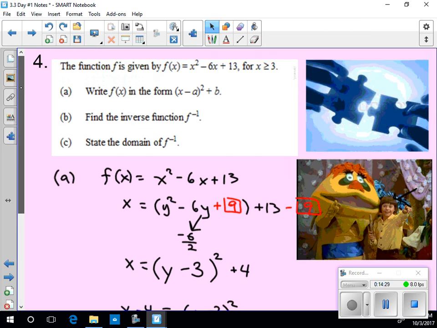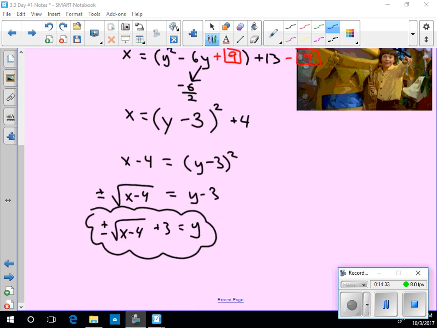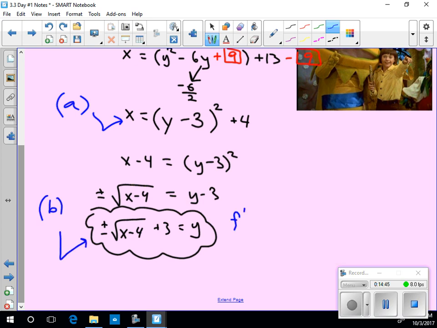They've set the domain x greater than or equal to 3 for the kids. Okay, part A ended here. I wrote it in vertex form. Part B ends here. This is my inverse, this is f inverse of x. Let's pause for a second.